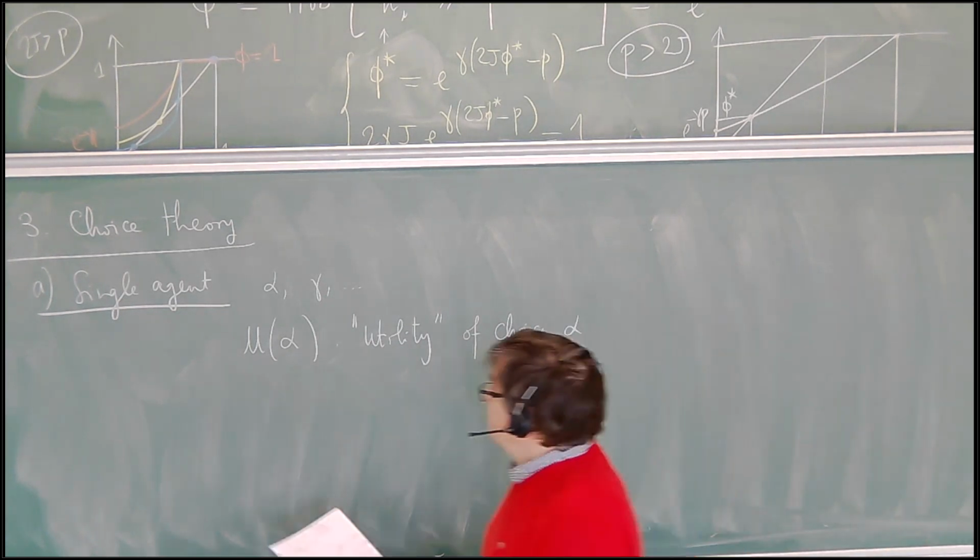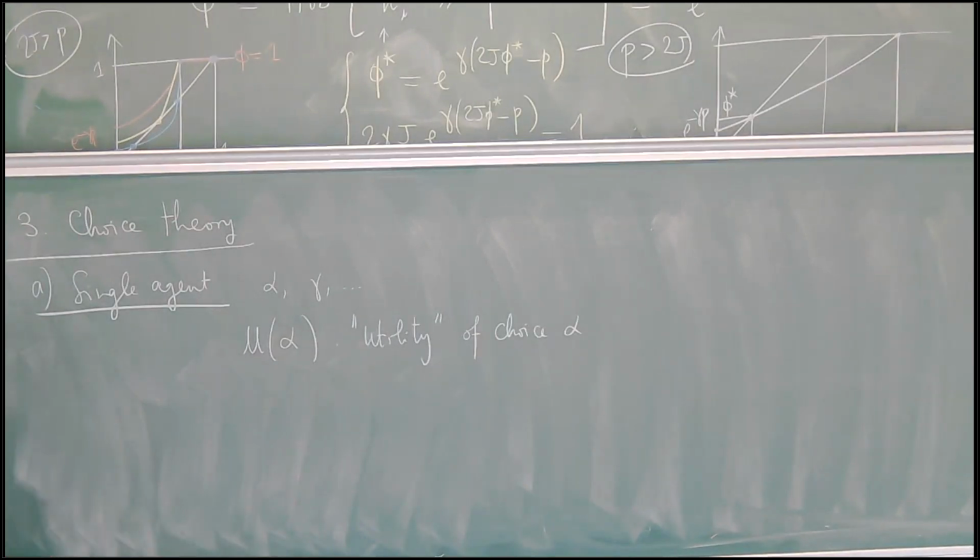So now we're going to assume that this agent is faced with a certain number of choices and he can change his mind and do something at one point in time and then do something else at another point in time.